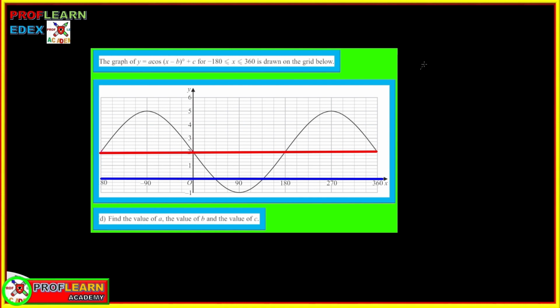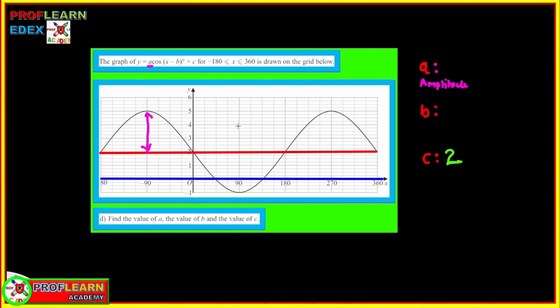But let's just go step by step. We are finding a, b, and c. We can see now the principal axis has been moved 2 steps up, from 0 all the way to 2. So the red line is the one that's giving us the value of c, and that has been transformed from the principal x-axis. The amplitude is the maximum displacement.